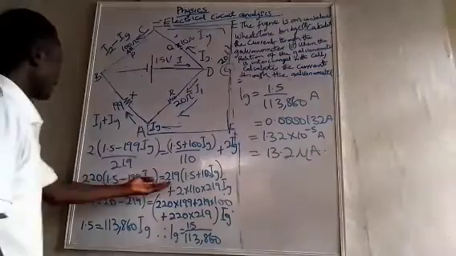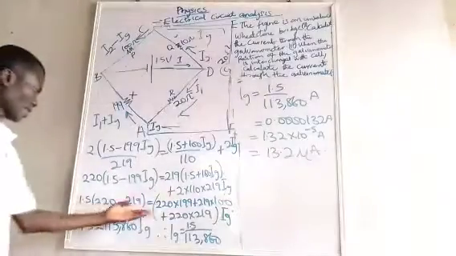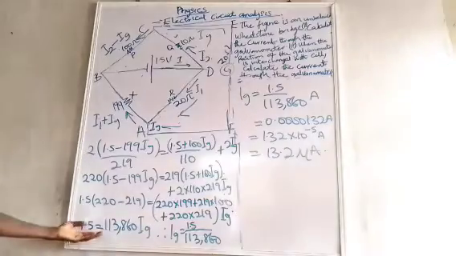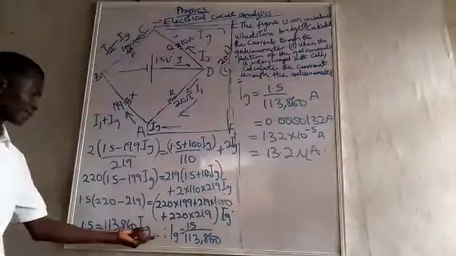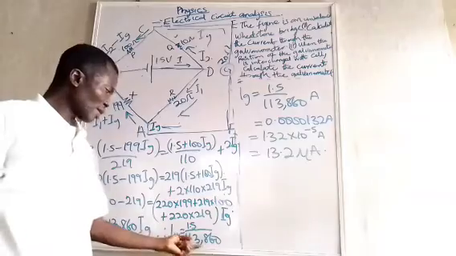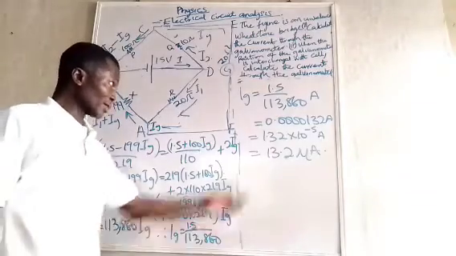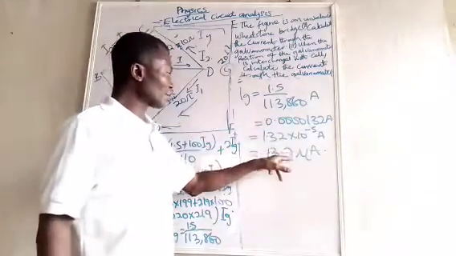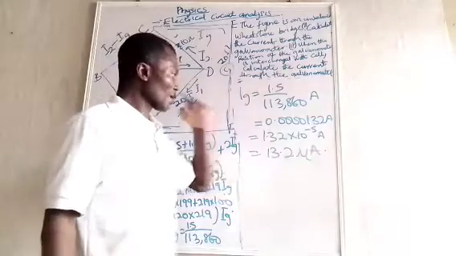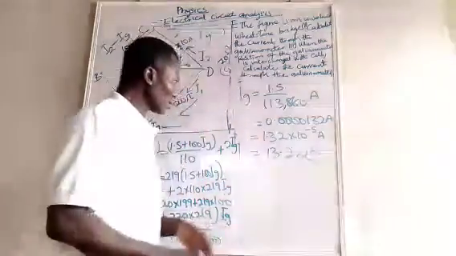So I gathered the terms, and at the end of the day I was able to get 1.5 to be equal to 113,860 IG. So IG is 1.5 over 113,860. At the end of the day I was able to get 13.2 microamperes.